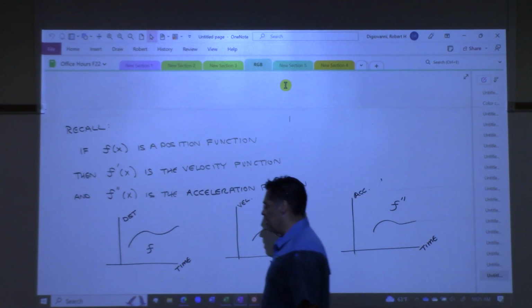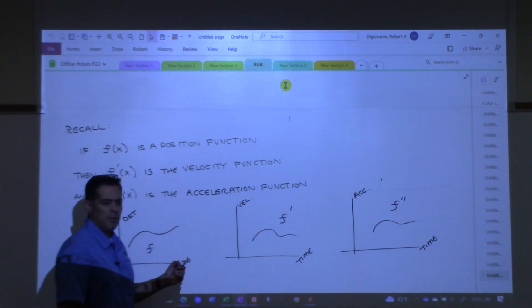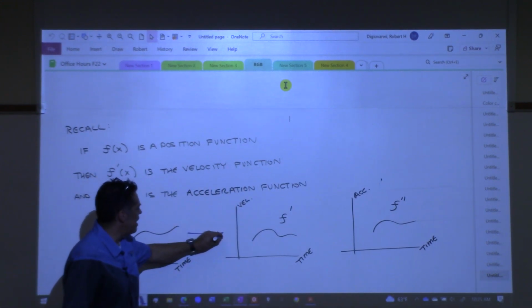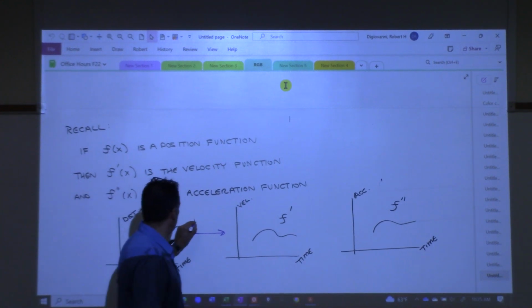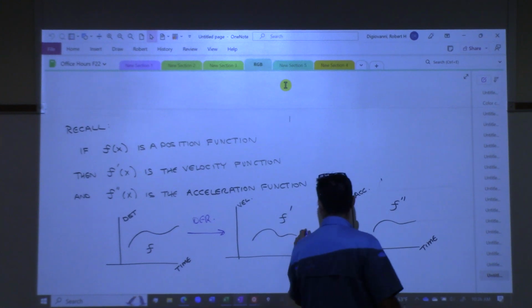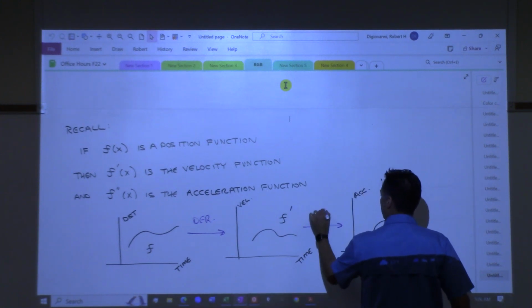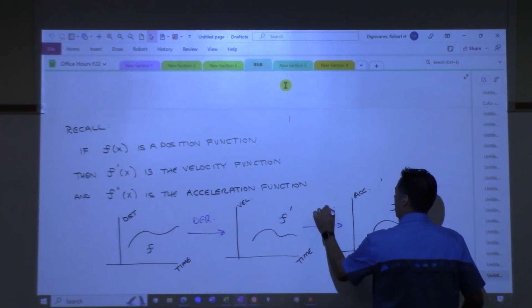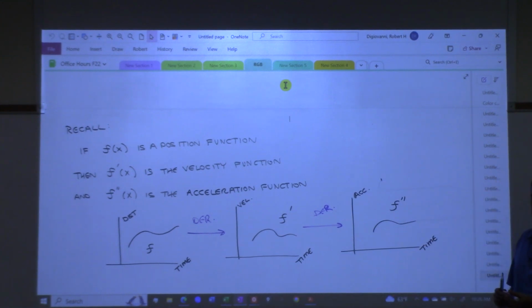So what we've been doing in this class is we've been going from left to right. I can start with the function. I can take its derivative, right? Get the f prime, which is the velocity, and then take the derivative again, and I will get the acceleration function.